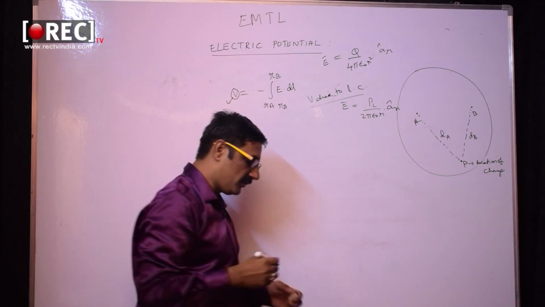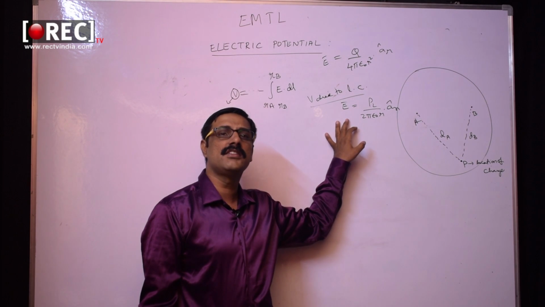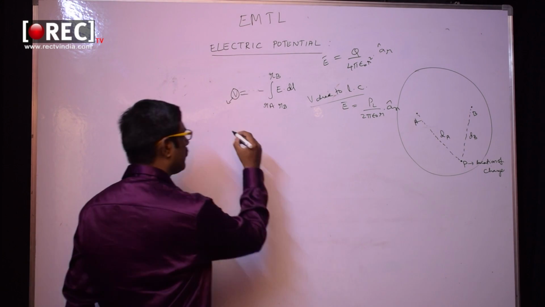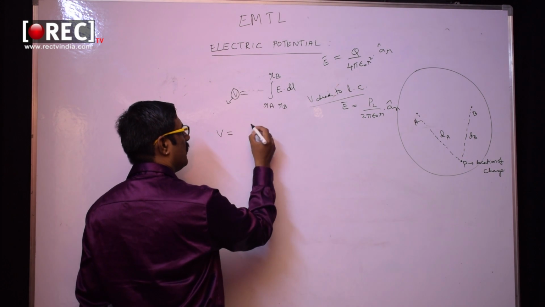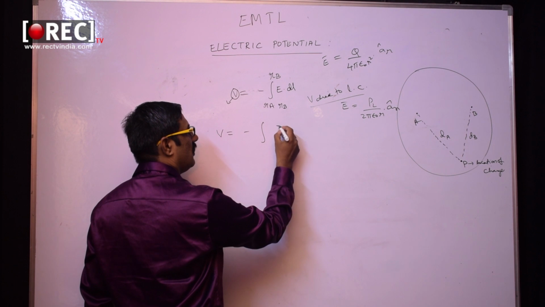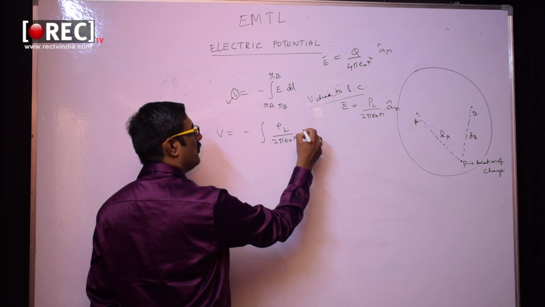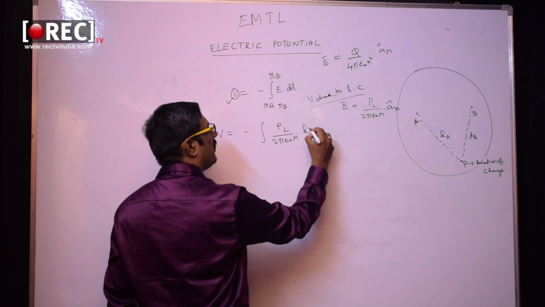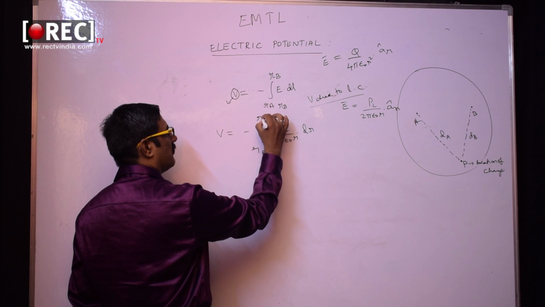This expression is to be used for determining the potential due to a line charge distribution. Let us develop the expression now. V is equal to minus integral of E, which is replaceable with rho L by 2 pi epsilon naught R, into dl, which I can replace with dr, from RA to RB.